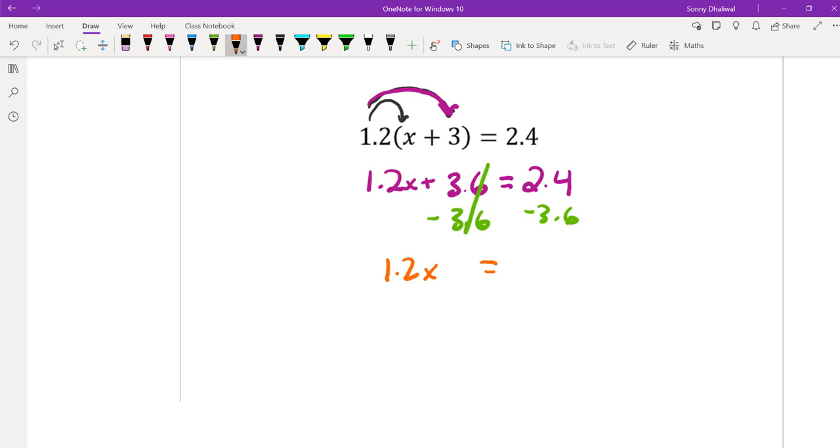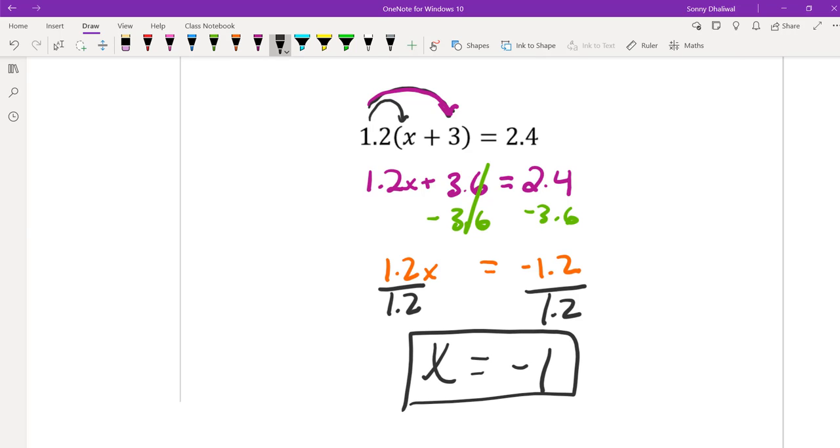Then we need to get rid of that 1.2 on the left-hand side. Divide. We're just multiplying right now. Divide. Negative 1. Okay.